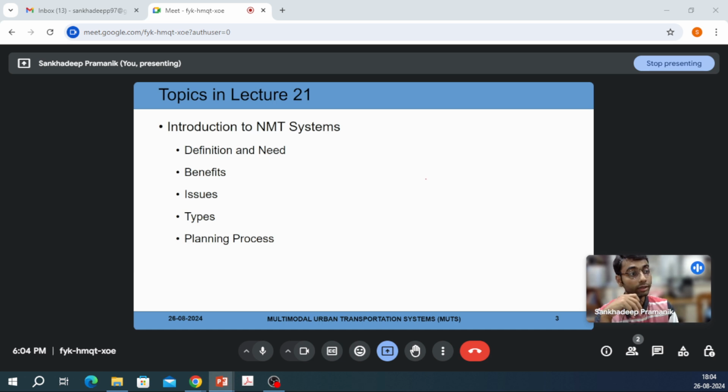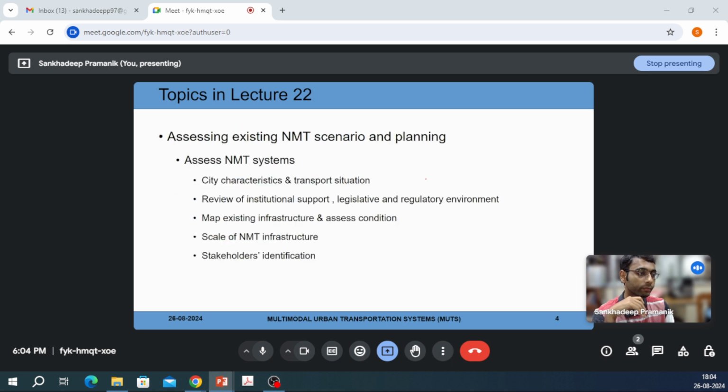Before developing an NMT system, we first have to assess the system. In this assess step, we basically examine the city thoroughly, where the NMT provision can be given, or where it would be the most beneficial.